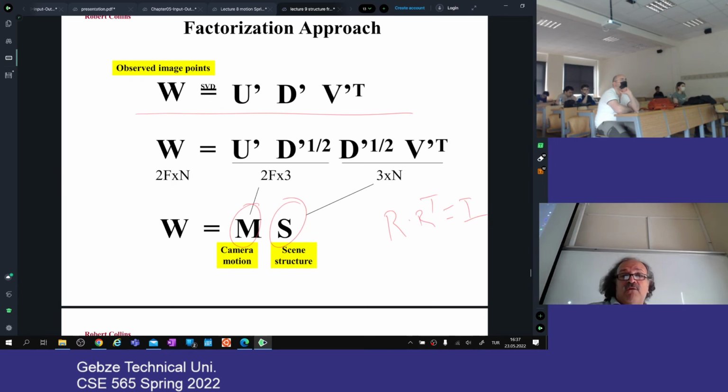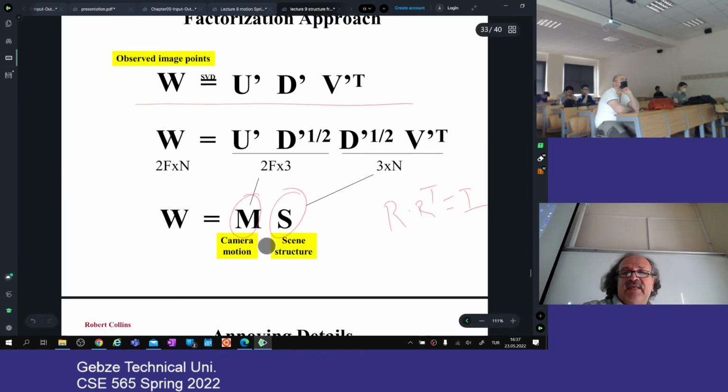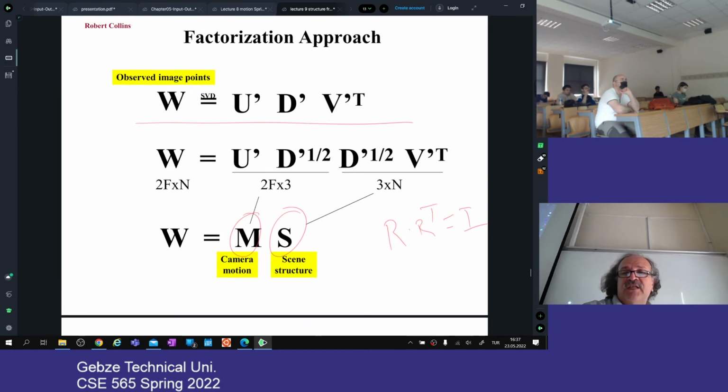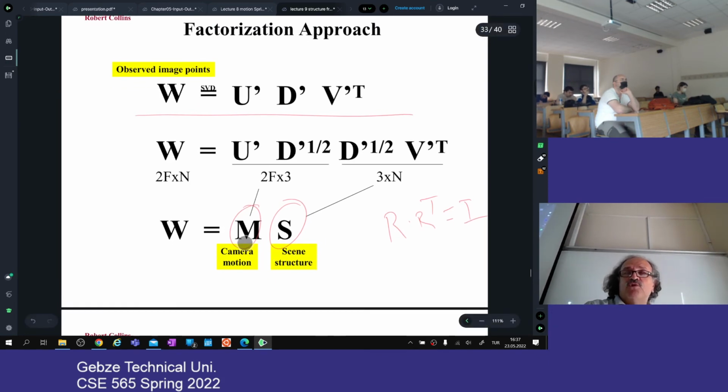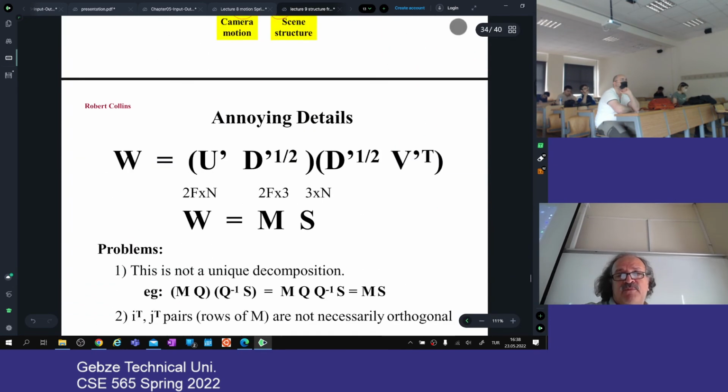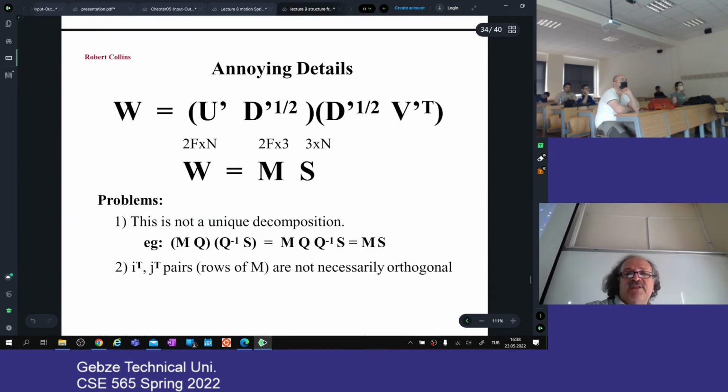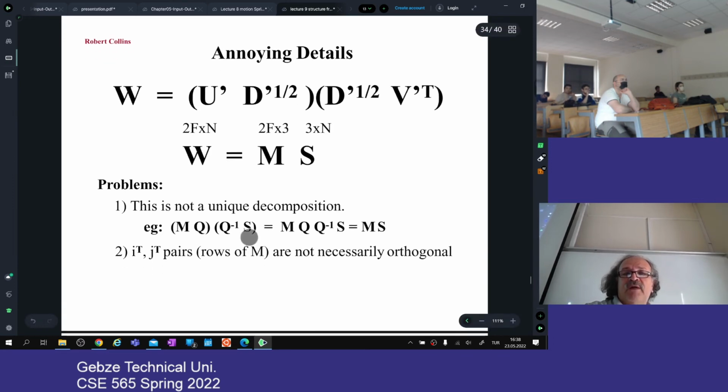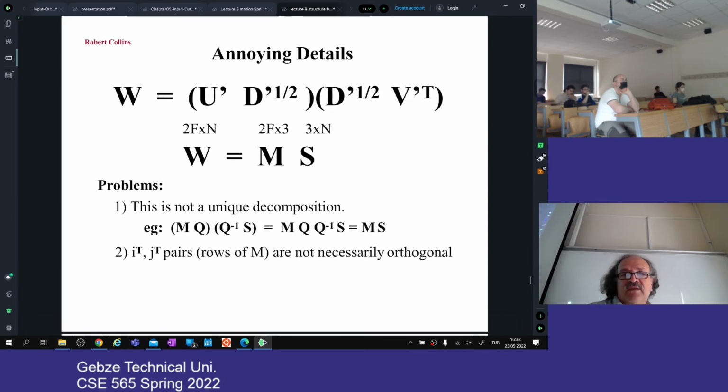So find the M, S factorization in a way that the rows of M satisfy this property. What I'm going to do is multiply this M with a Q, and multiply S with Q inverse, so at the end it's going to be the same MS. But I am trying to find a Q such that this MQ produces rotation matrices that are really orthogonal.